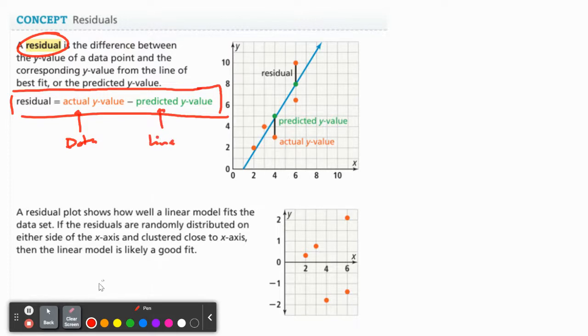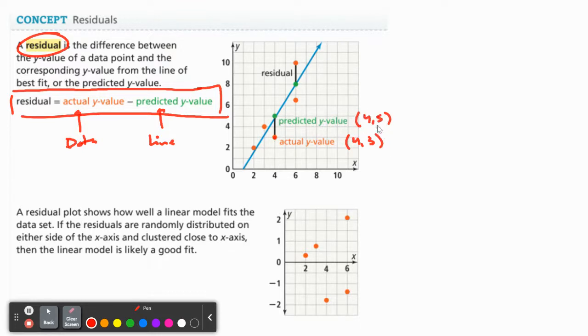If you look at this picture over here, we have an actual y value right there. That actual y value has the coordinates 4, 3. And we have a predicted y value at 4, and I'm going to say 4, 5.